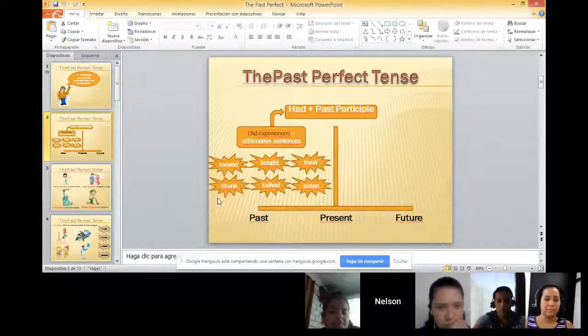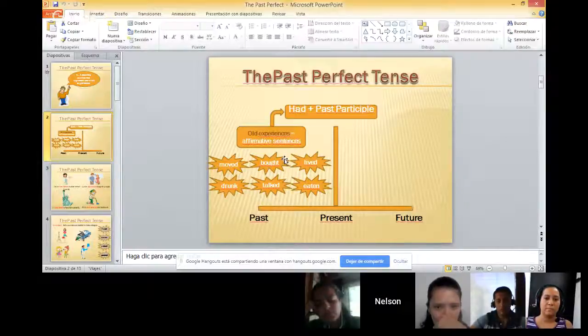Today, we are going to concentrate on the past participle. We can see here some examples. These verbs are regular: moved, talked, and lived. And there we have three verbs. Bought, for example, is the past form of buy, but the past form and the past participle form are the same. There is no difference between the past and the past participle.